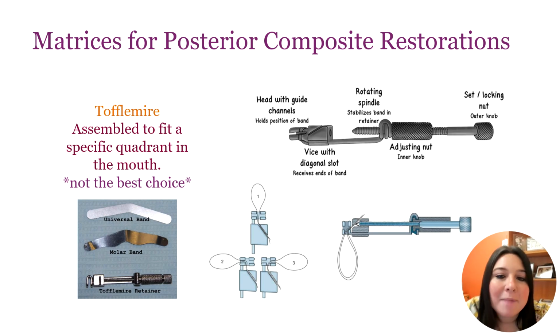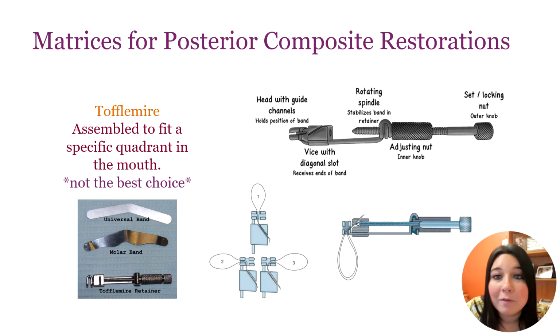So I much prefer to use sectional matrices, but if you are a Tofflemire lover, feel free to use a Tofflemire as well. Tofflemires are beneficial if there is not an adjacent tooth. That may be the only time that I might use one, but there also are automatrixes. So I'd probably lean towards an automatrix instead of a Tofflemire if there's not a tooth behind or in front of the tooth that we're working on.